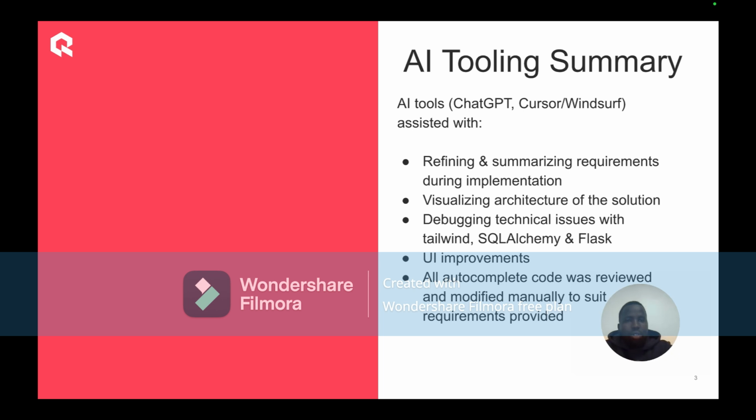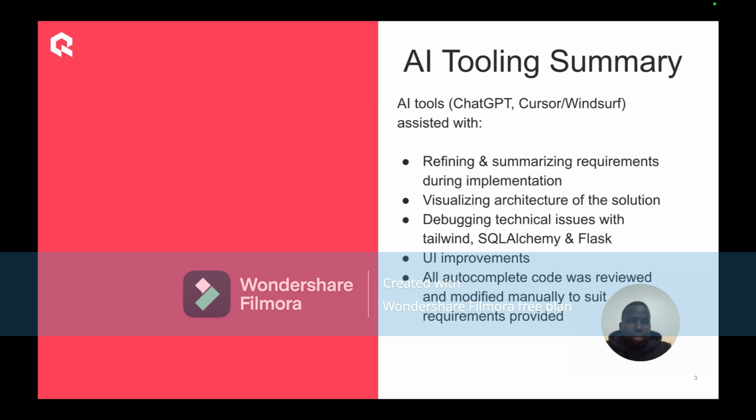I was able to utilize some AI tools within the project, one of them being ChatGPT, and that helped me summarize the requirements and ask questions on what I've covered so far. I was able to do lots of debugging, especially on technical issues working with Tailwind, SQLAlchemy, and Flask, apart from doing some UI improvements.